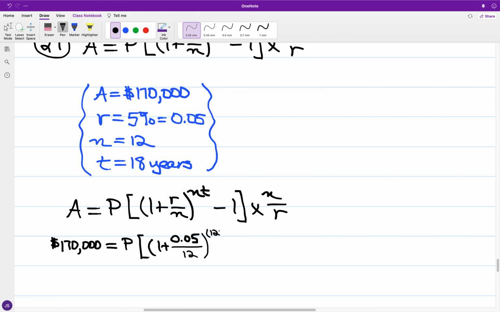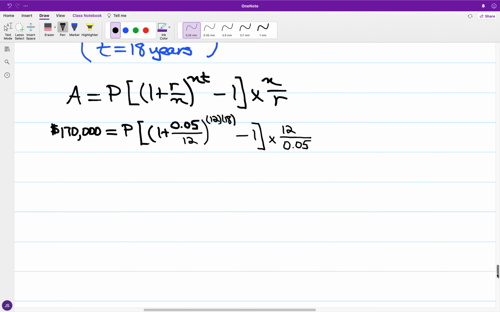And for n times t, you have 12 times 18. You have minus 1. And for times n over r, n is 12 and r, again, is 0.05.